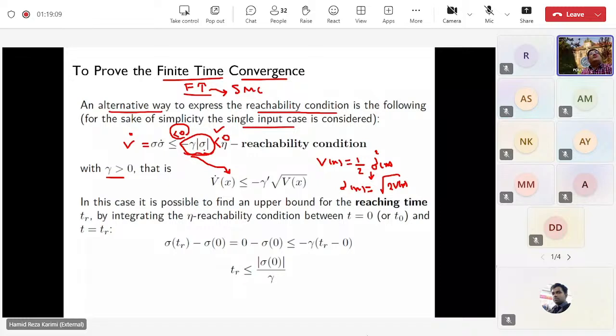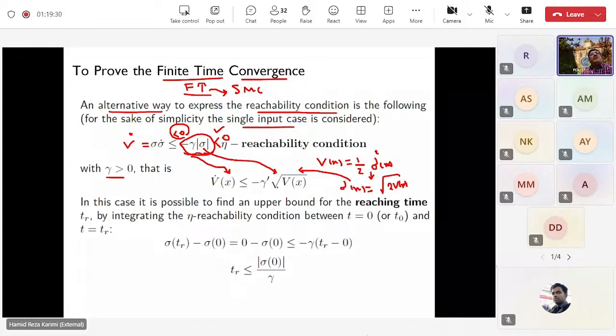From here you can see that v dot x is less than this term, because for vx, the sigma x, the norm of sigma, you can substitute from this formulation, and then you have this mathematical formulation.